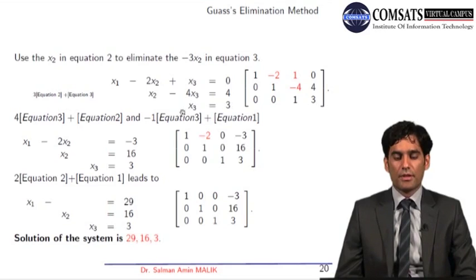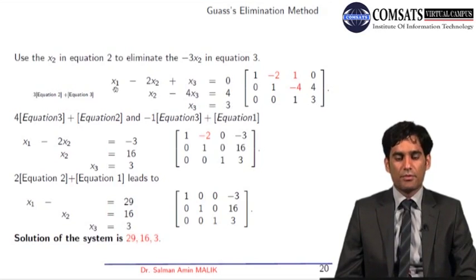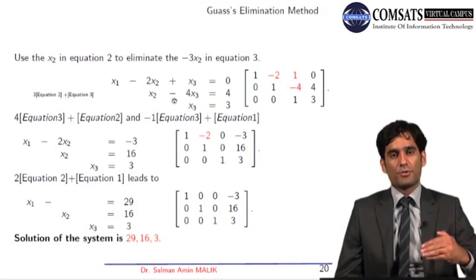What is back substitution? Back substitution is that we have the x3 variable here, and we put the value of the variable x3 in equation 2, and we get the value of x2. And then for getting the value of x1, I put the values of x3 and x2 into equation 1. That is known as back substitution.